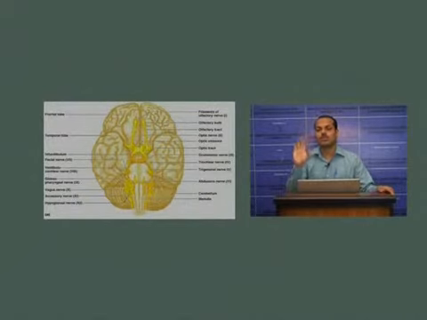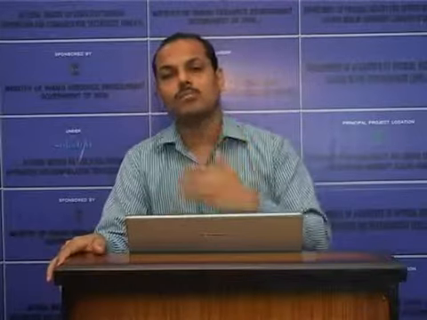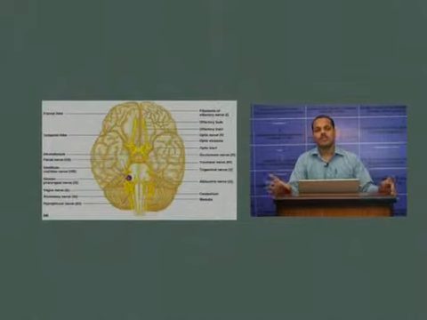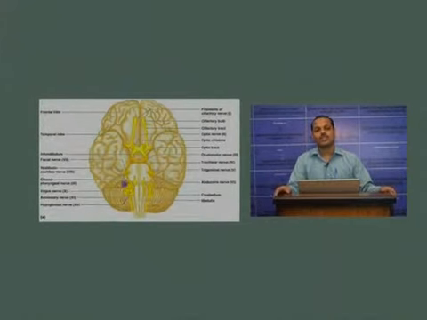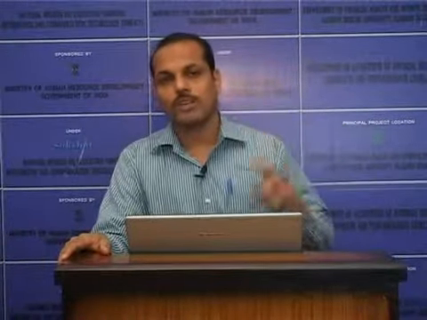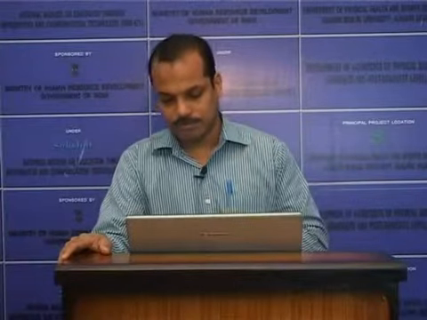Now, there are some nerves which contain both motor and sensory fibers: the trigeminal nerve, facial nerve, glossopharyngeal nerve and vagus nerve. So, these 4 nerves contain both sensory and motor fibers, and we call them mixed nerves. So, cranial nerves can be classified into sensory, motor and mixed cranial nerves.